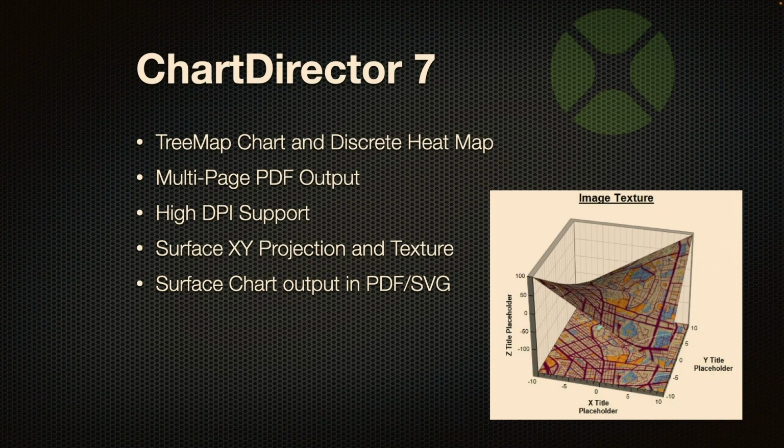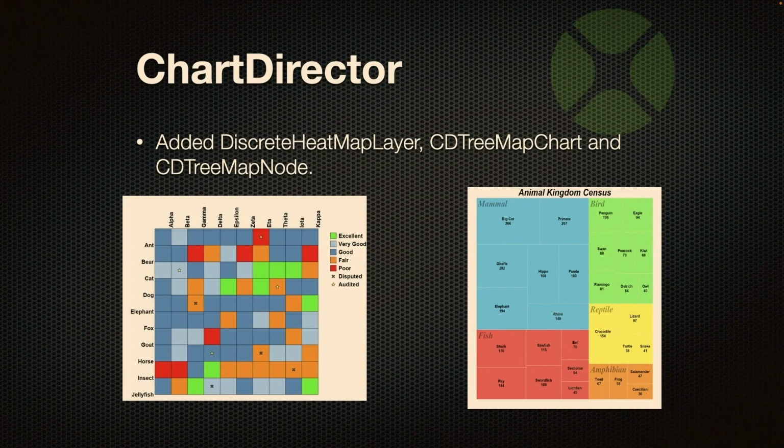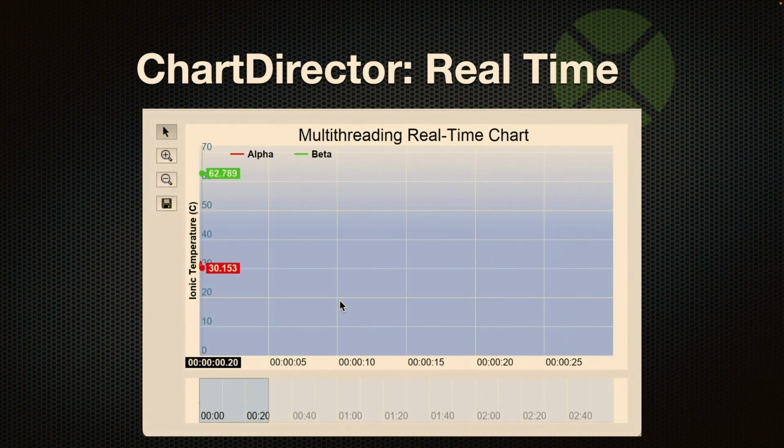And for the older version, it used to be a bitmap, but now it's also vector. So here are 2 examples for the discrete heat map and for the tree map charts, the latest addition to ChartDirector.